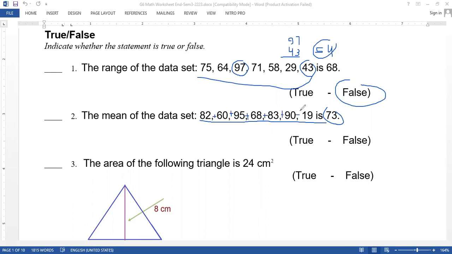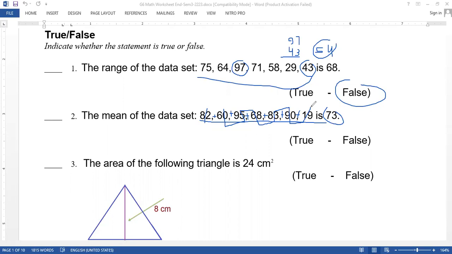You have to add them all, and the sum will be divided by how many? 1, 2, 3, 4, 5, 6, 7. If you add them, take your time, because I have already added them.